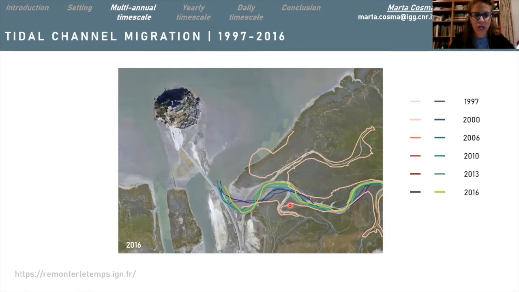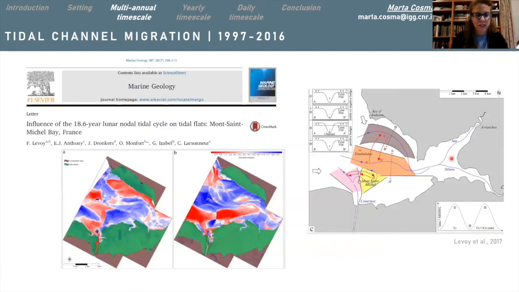There is actually another possible influencing factor which can be related to higher order tidal cyclicity. In fact, in the area, there is a paper by Levoy in 2017 on the Mont-Saint-Michel Bay, which correlated the back and forward movement of the Sée, Sélune, and Couesnon rivers to the 18.6-year lunar nodal tidal cycle.